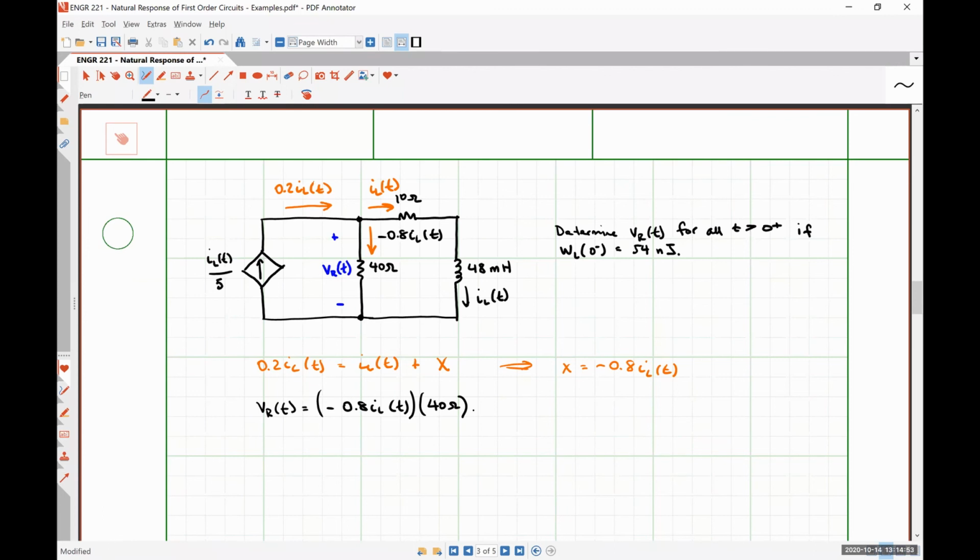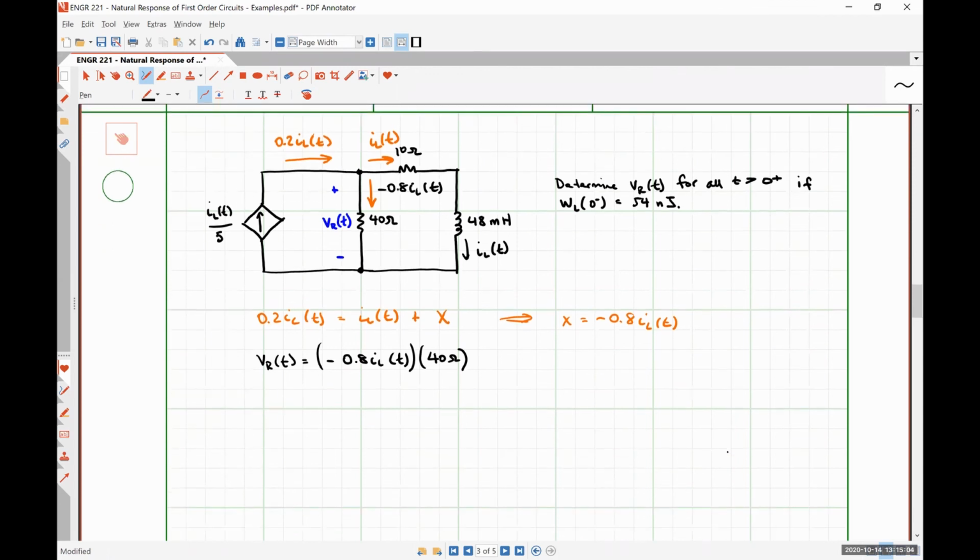So now let's talk about how we can get IL of t. That's probably actually easier than anything else that we've encountered in this problem thus far, okay? So we know that IL of t, at least for t greater than 0 plus, should be of the form IL at t equal to 0, times e to the minus t over tau.